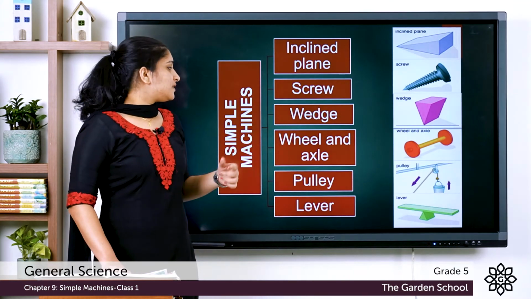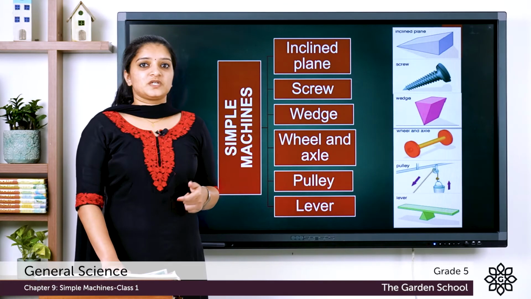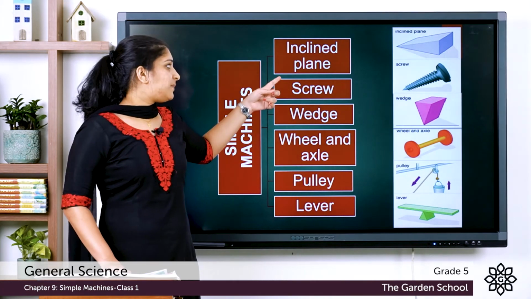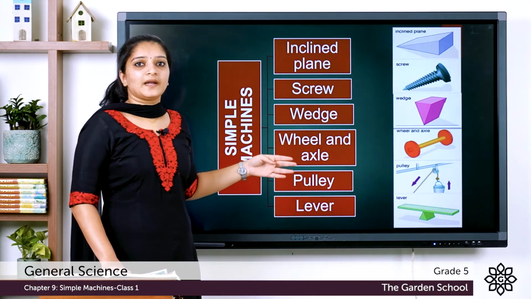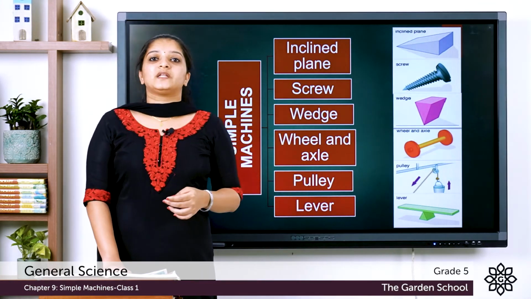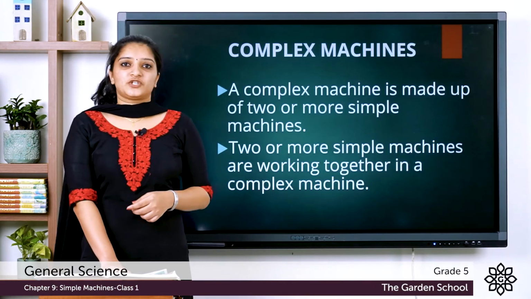Now, let's see the types of simple machines. Basically, there are 6 types of simple machines, and they include inclined plane, screw, wedge, wheel and axle, pulley and lever. You will study them in detail in the coming classes. Now, let's see what a complex machine is.